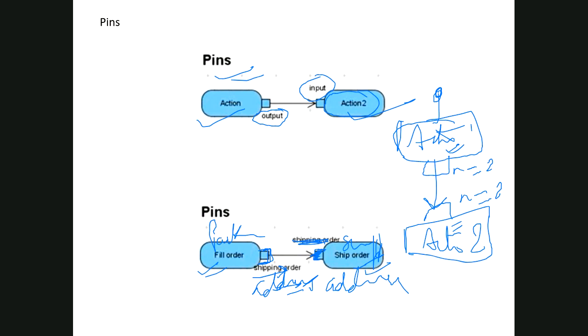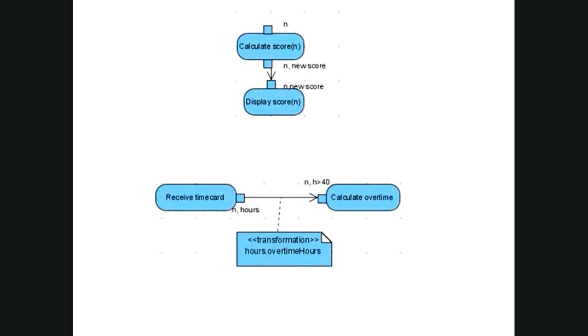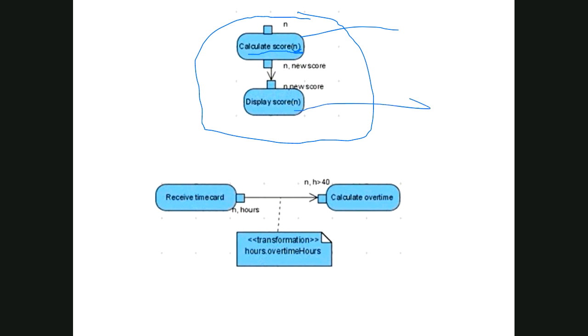Getting it? Let's see another example. Suppose you have this example. This is your first activity that you are performing, that is calculate score, and some argument is there of n. You have to calculate some score of n. Then this is your second activity, that is display the score n. So now if you see this first activity closely, what data do you need to perform this activity, calculate score of n? You are calculating some score of n.